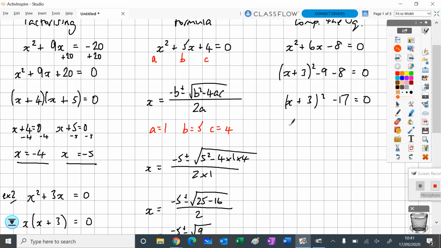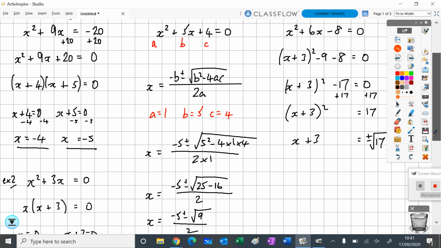But now I can basically make x the subject. I can add 17 to both sides. I can choose to square root both sides. And let's remember that when you square root something, normally we just state the positive answer, but technically it's always a plus or minus. The square root of 9, for instance, is actually plus or minus 3. We saw that happening in the last example.